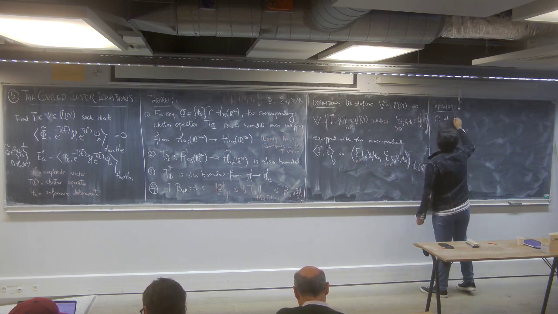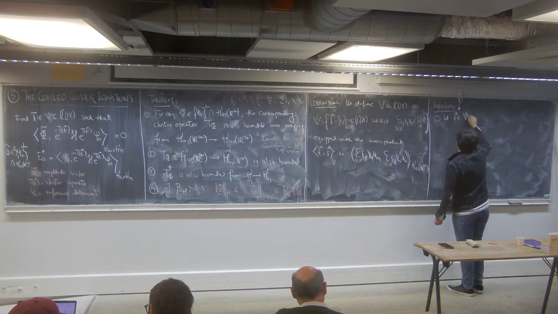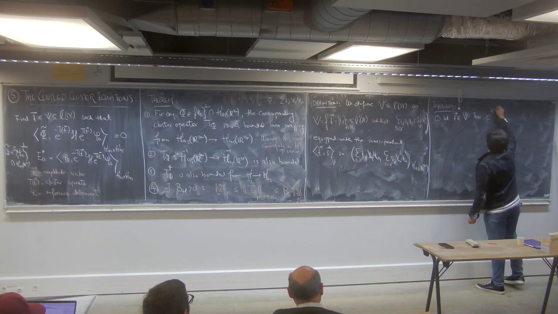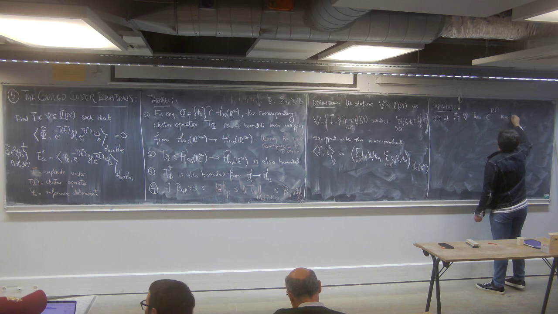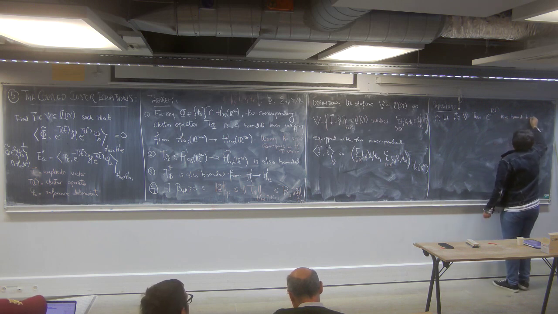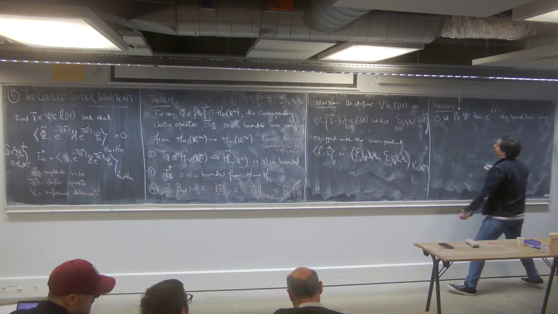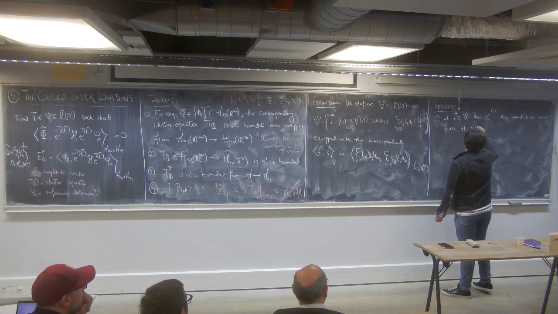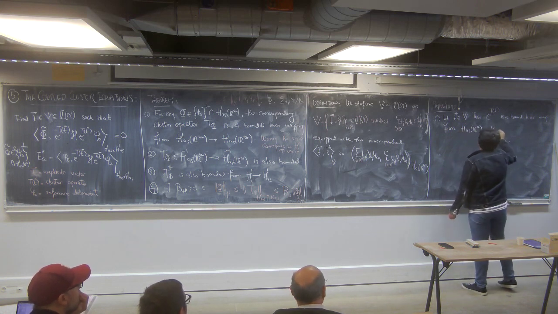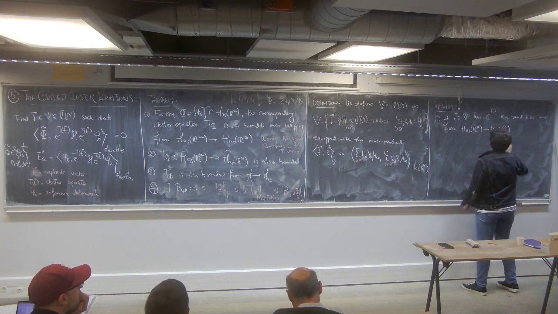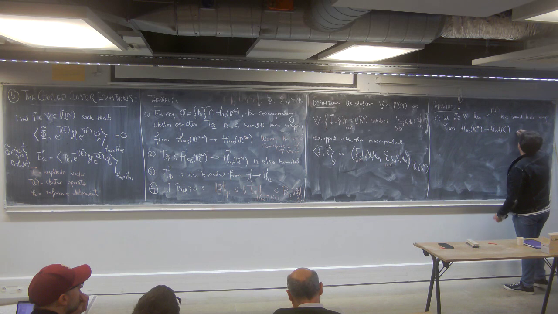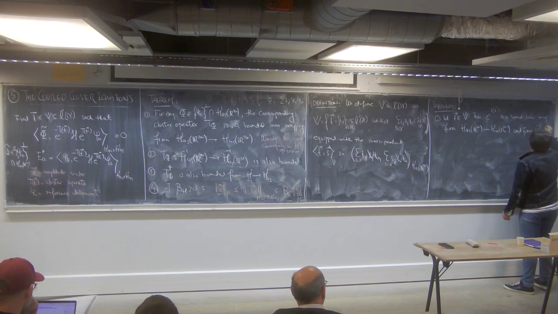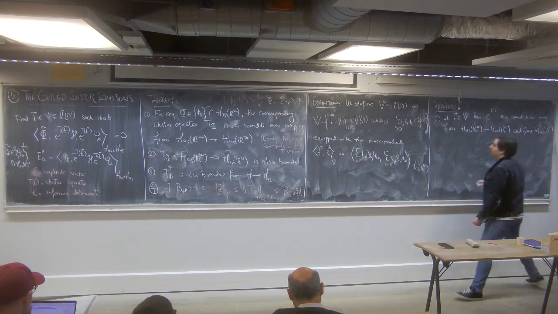So let T be in this set V, then the exponential of T is a bounded linear map from H1 to H1, and from H minus 1 to H minus 1.